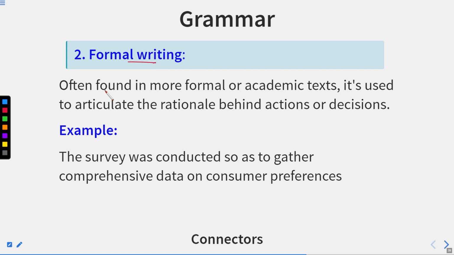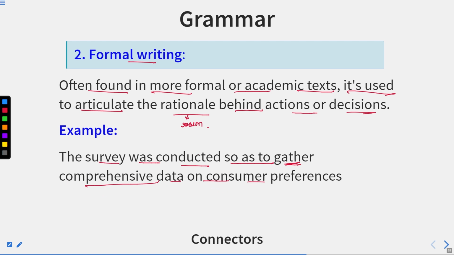Formal writing, often found in more formal or academic texts. It is used to articulate the rationale behind actions or decisions. Now, rationale means reasons or the principles behind anything. The survey was conducted so as to gather, meaning collect, comprehensive data on consumer preferences.